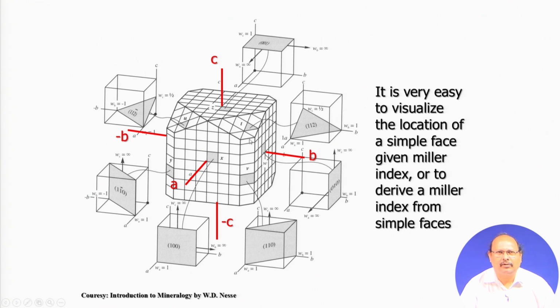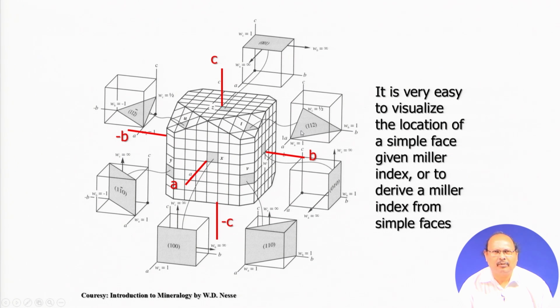And this is the one where the intercept is such that it has intersected all the positive directions of A, B, C, but not at the same distance, and particularly the intercept along the C crystallographic axis is half the distance that has intersected along A and B.